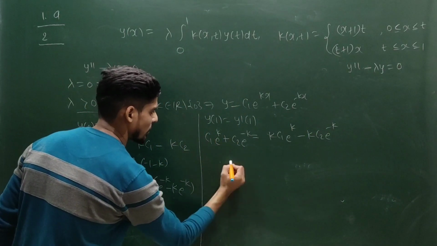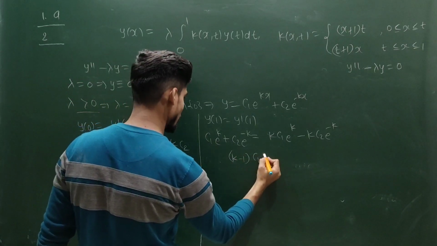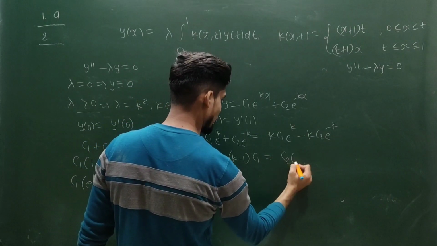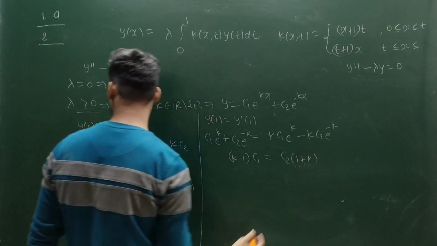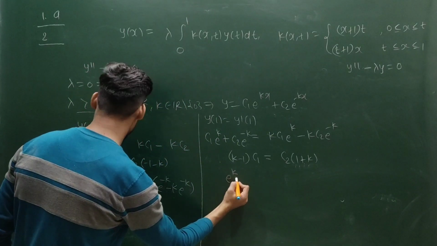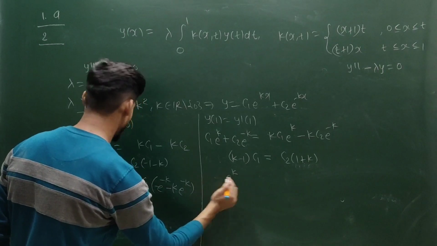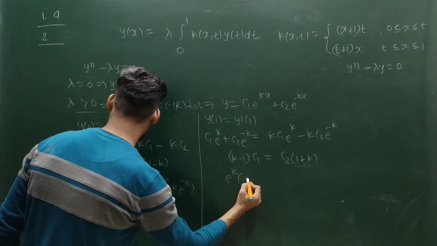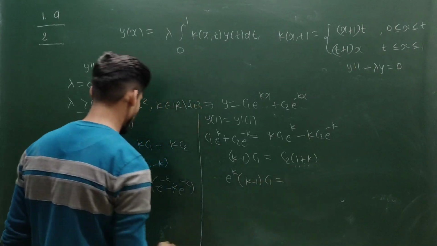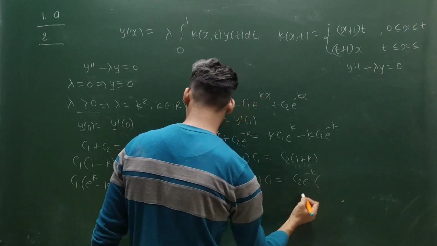One minus k, or I write k minus 1 times c1 is equal to c2 times 1 plus k, and e power k common out with the negative positive. This is k minus 1 times c1 is the same as c2 e power minus k, and this is 1 plus k.